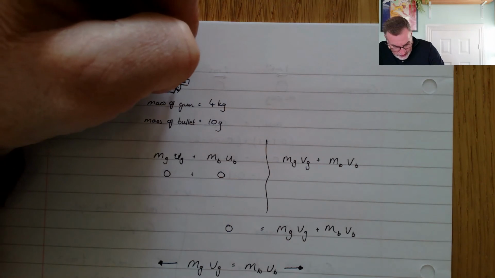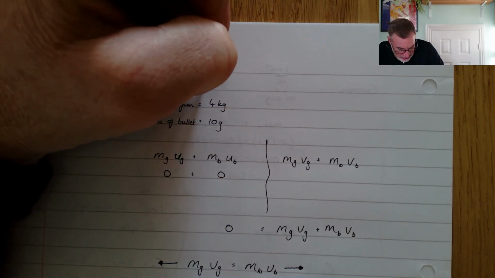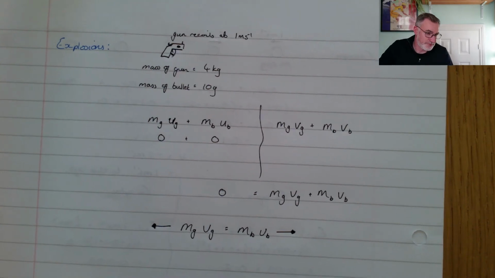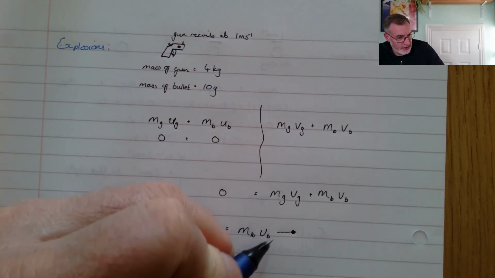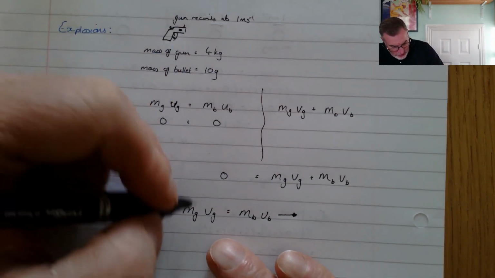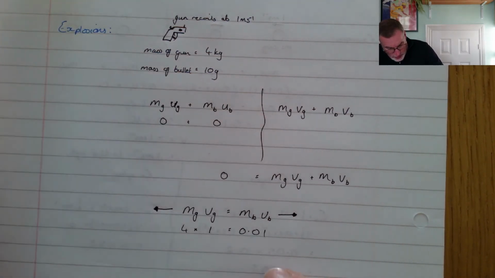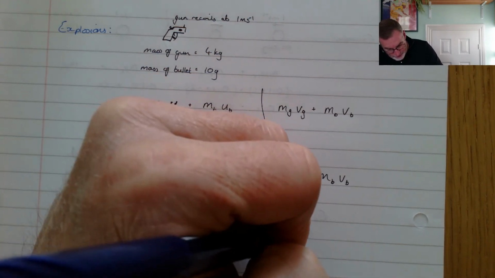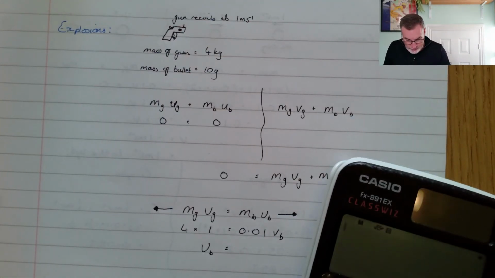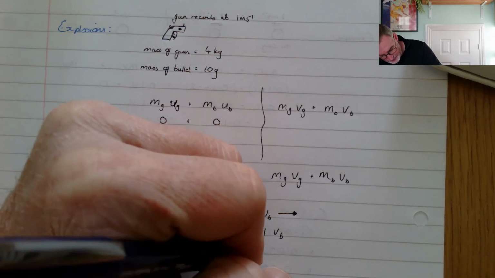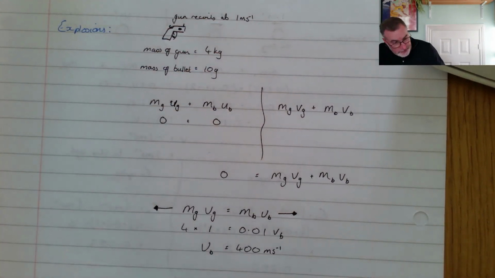And so if the gun recoils at, let's just say, 1 meter per second, then we can simply find out how fast the bullet's going to go. So we've got mass of gun, which is 4 times 1, which is equal to 0.01 V bullet. It's going to be 400 meters per second. Okay, and that's how you do explosions.